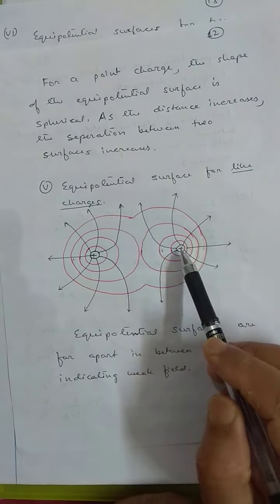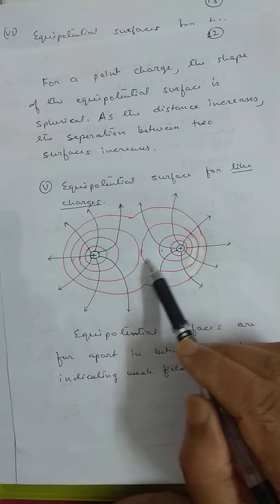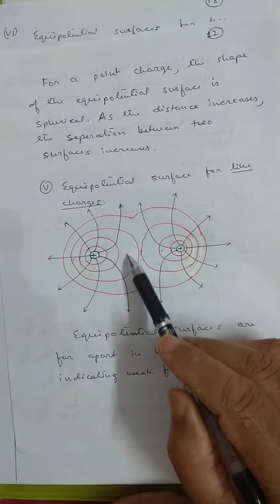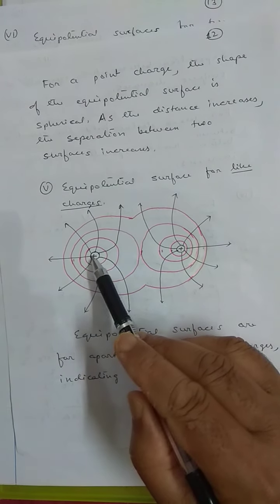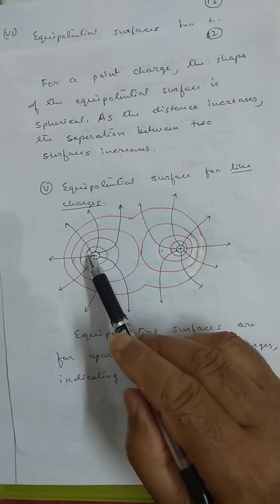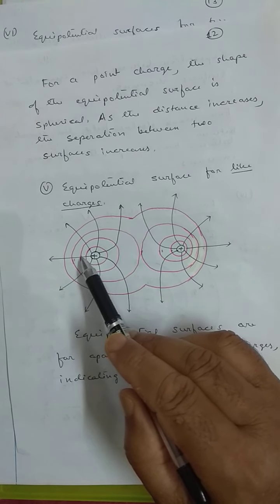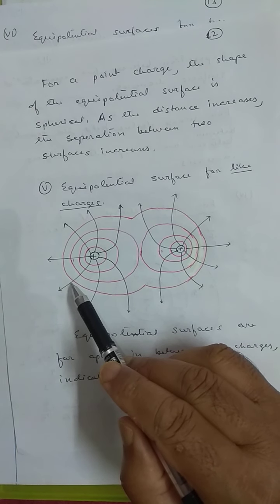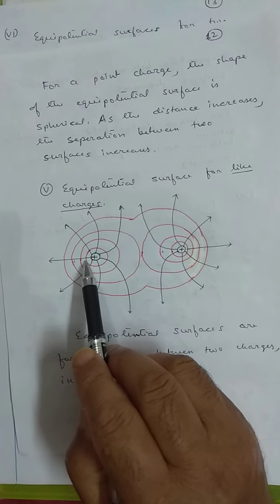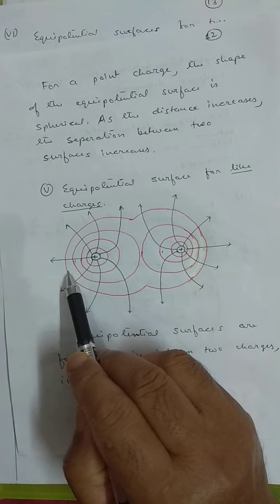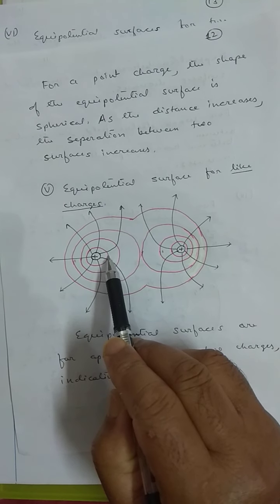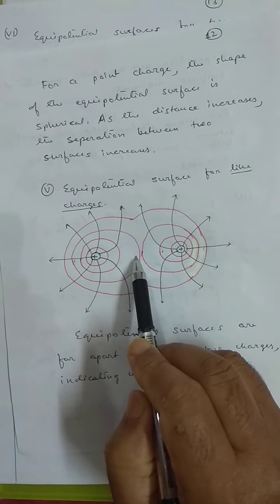Why? Because for two like charges, electric field is weak in between the two charges. At the end, field is strong. So therefore, equipotential surfaces are crowded here. But you just see the separation from here to here.